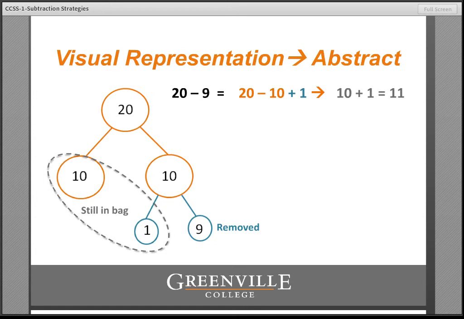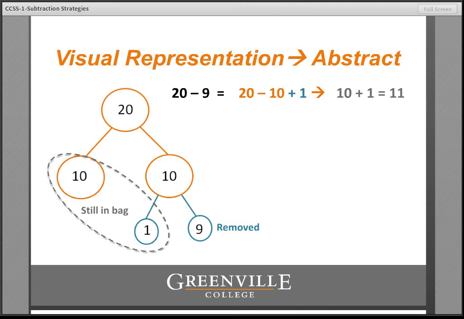I find this a very useful representation of the concrete representation, because we can actually keep talking about the bag as we explore this. So I put 20 down and said, that's how many candies I have in the bag. And what's the first thing I did? I removed 10. So then I show that the 20 is being partitioned into 2 10s, and that's the part that's in orange. But then I say, well, what did I do then?